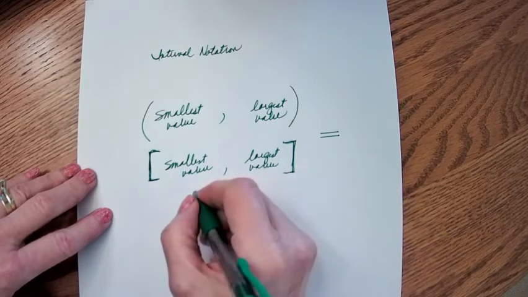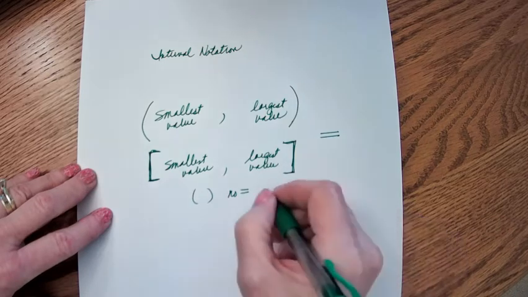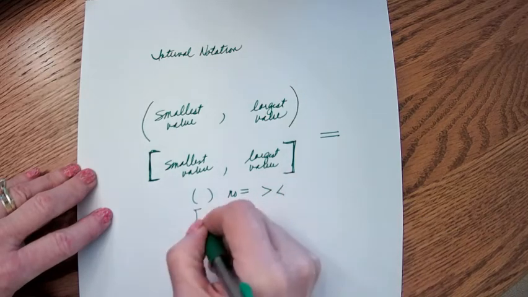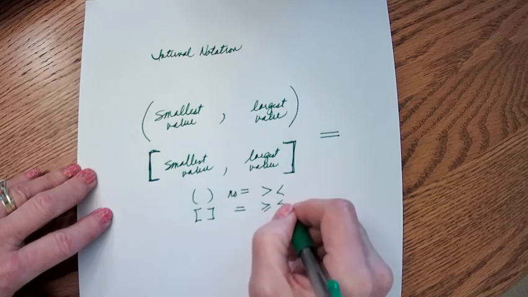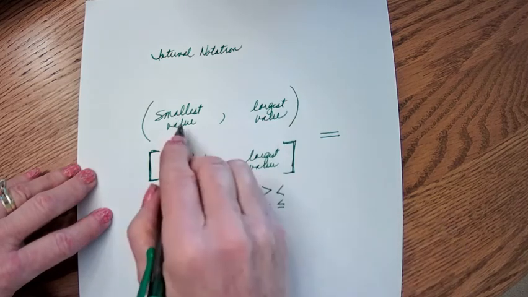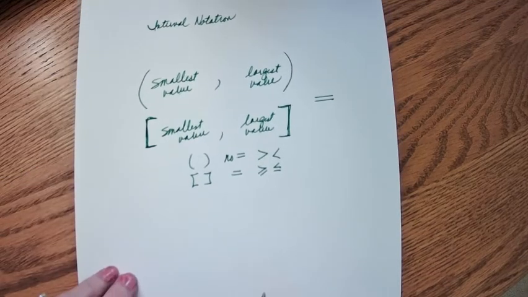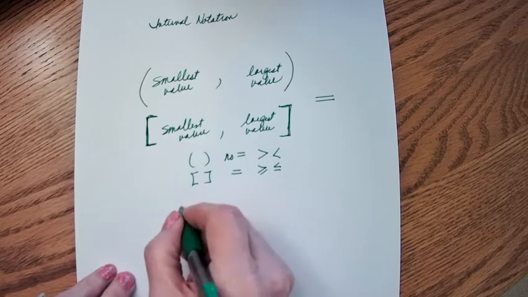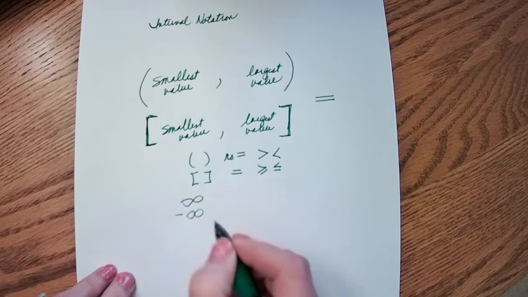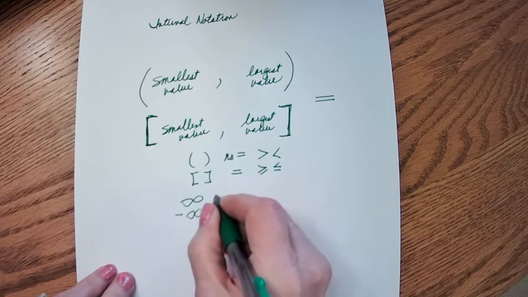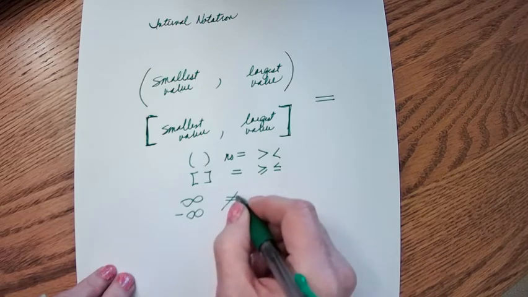So, you need to remember that parens, there is no equal sign. It's greater than or less than. The brackets, there will be an equal sign, meaning greater than or equal to or less than or equal to, and the smallest number is always first. And this is a reminder, for infinity or negative infinity, you will never be able to equal infinity or equal negative infinity.